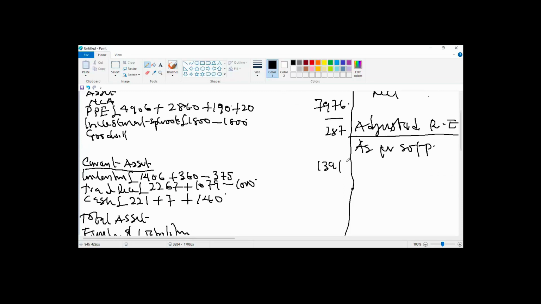Receivables: 2346. We don't add the equities.